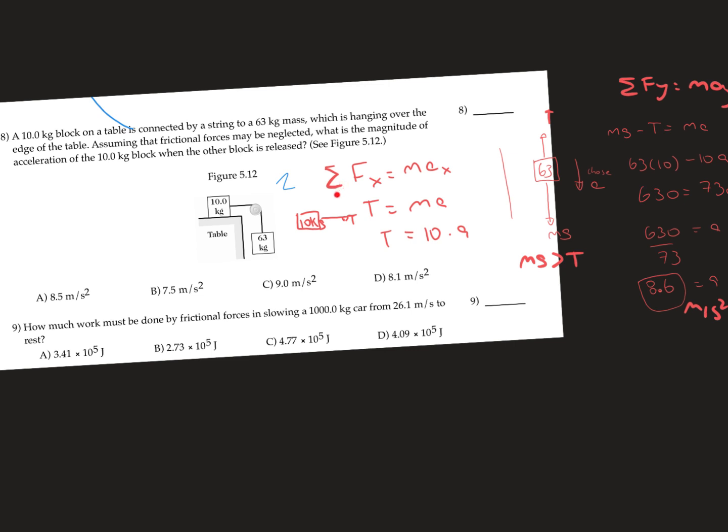Therefore, the sum of all the forces in the x direction, which is the only direction that is going to have a force, is going to be mass times acceleration in x. So T is equal to mass times acceleration, but we only know the mass, so T equals 10a.